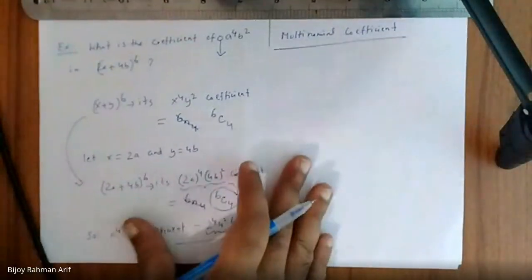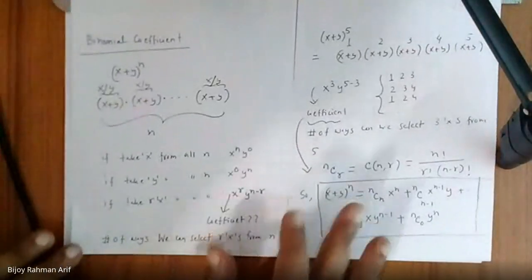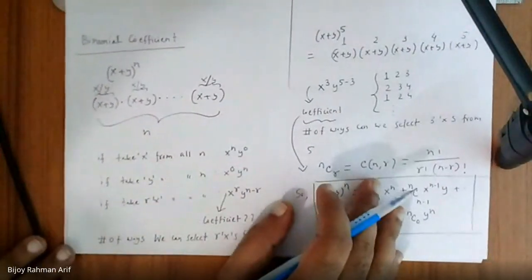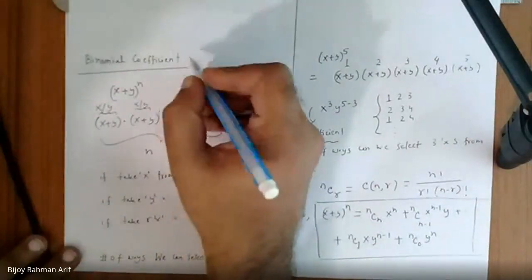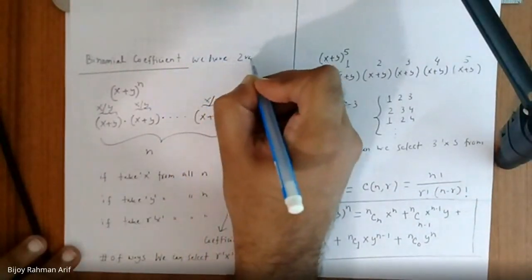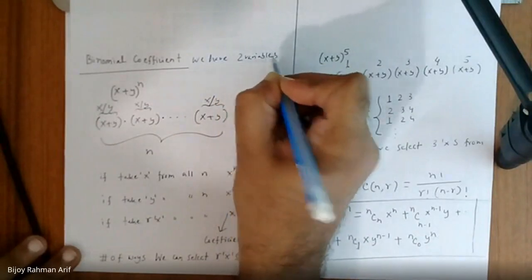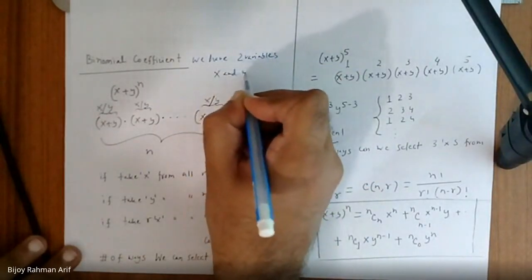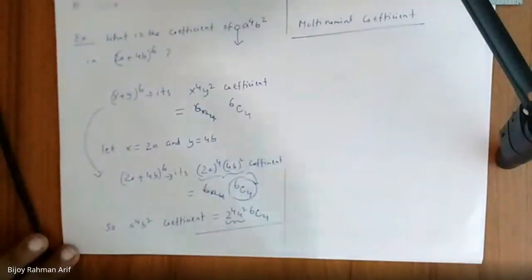So why is this called binomial coefficient? Do you know the answer why it is called binomial coefficient? Binomial basically chooses between two, because we have two variables x and y. Multinomial coefficient is when we have more than two values.